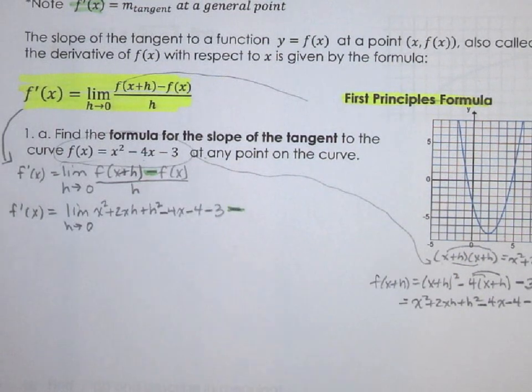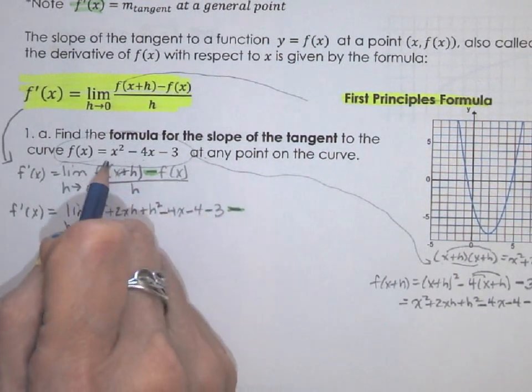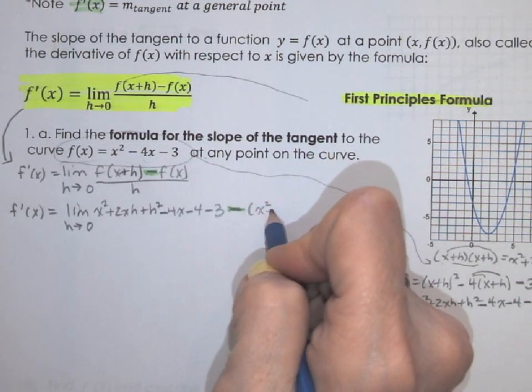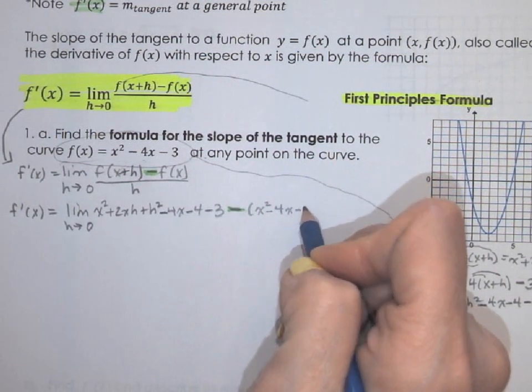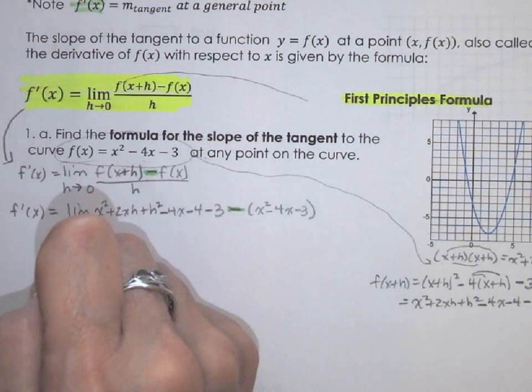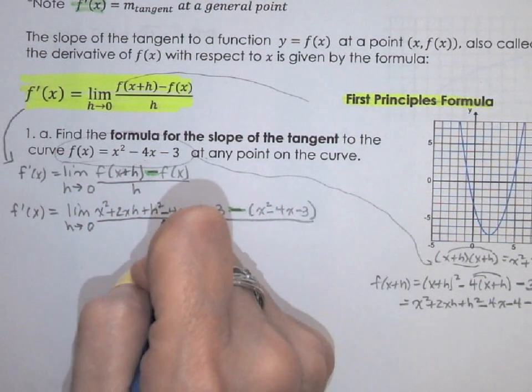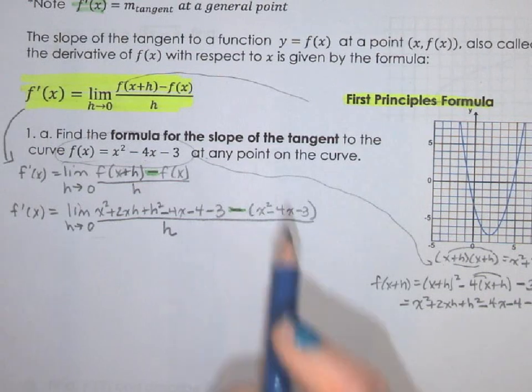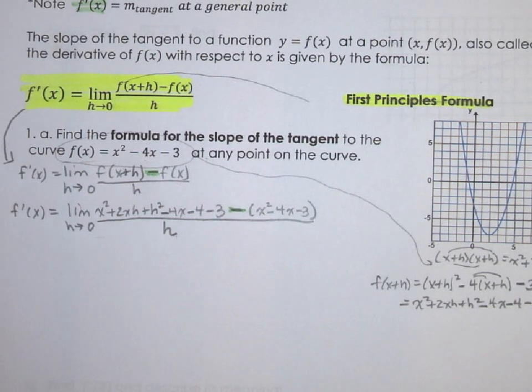And since I'm subtracting, f at x has 3 terms, so I'm going to keep them in brackets, because I'm subtracting all of f at x, not just the term that happens to come first. And then that's all over h. And again, the reason I can't let h approach 0 is because then the denominator would approach 0, and you can't divide by 0.